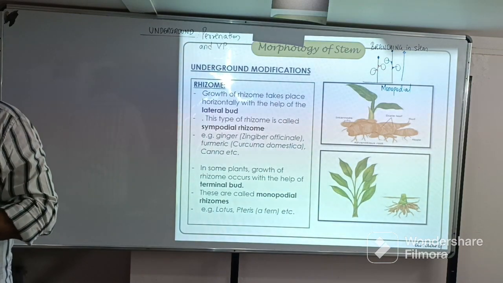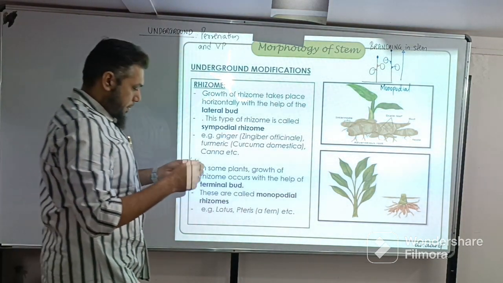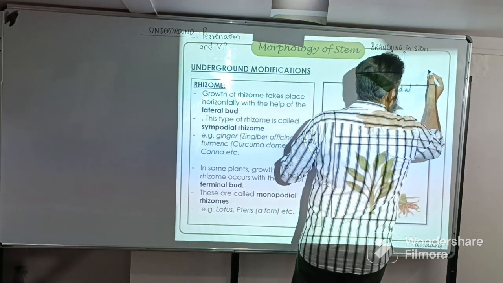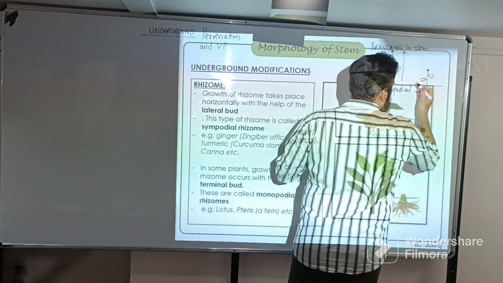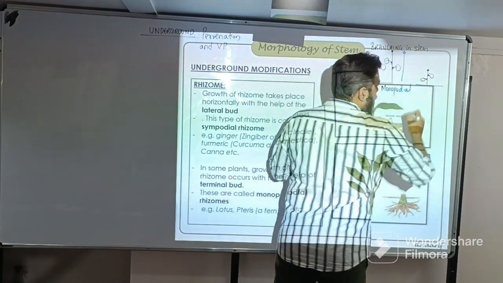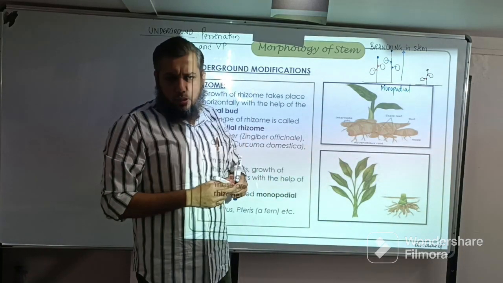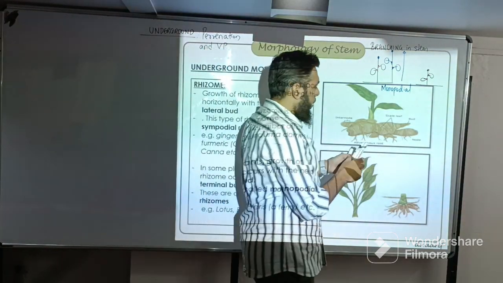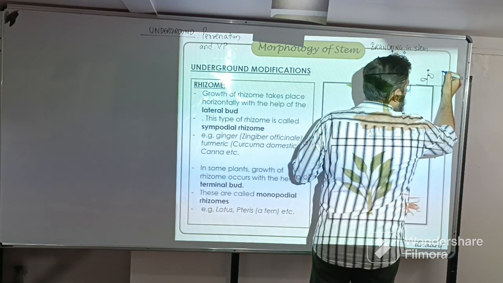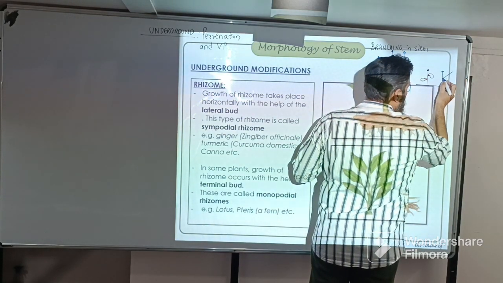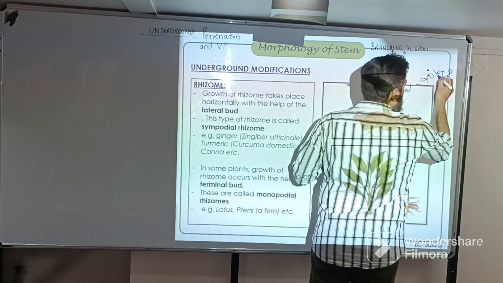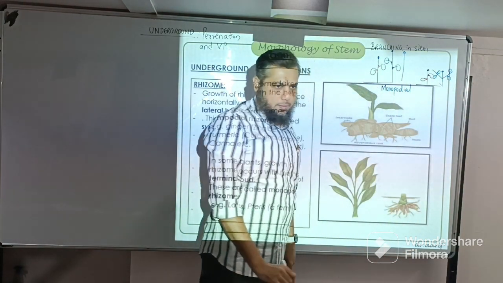Okay. See the other type, where the red bud is the axillary bud, and the black bud is the apical bud. Now in this particular stem, the growth is taking place of the lateral branches, from which bud? Axillary bud.